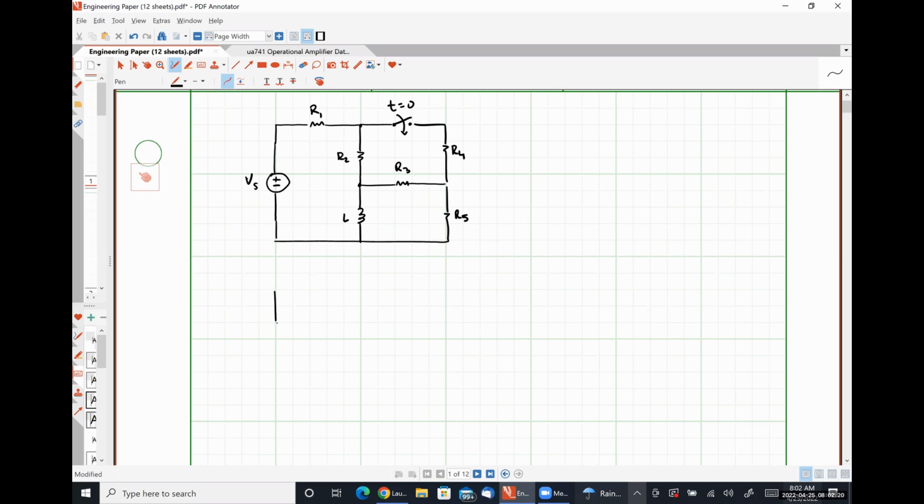But for a circuit like this, opening that switch completely disconnects IS from being able to influence the behavior of C at all.